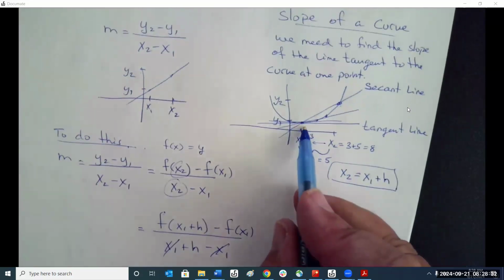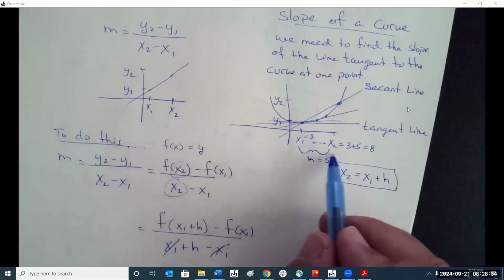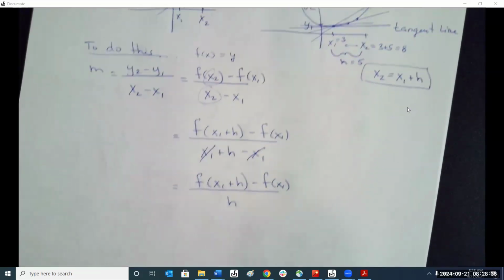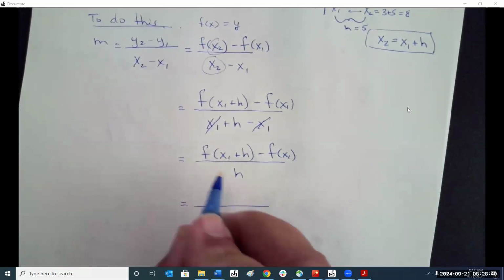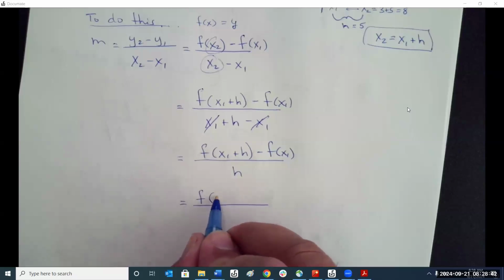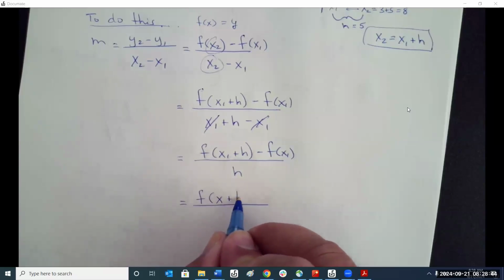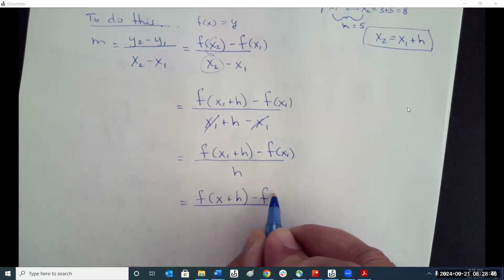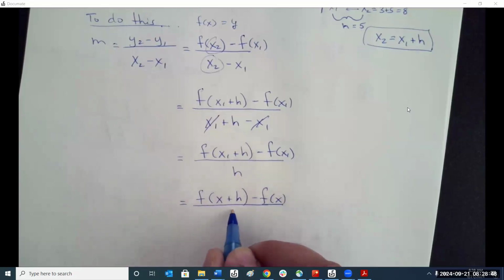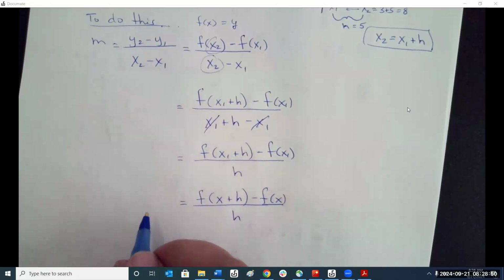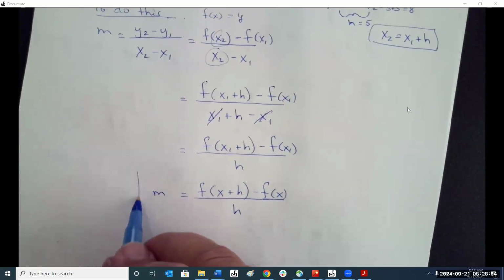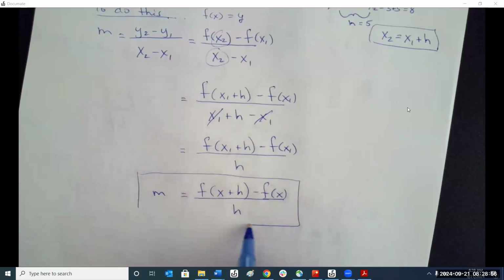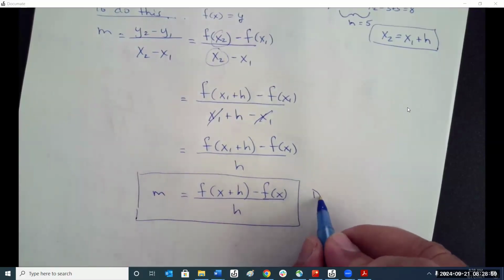Now we only have 1 point, and h is the distance to the next point. Since I only have 1 x, I don't have to put the sub 1 underneath it. This is what is called the difference quotient.